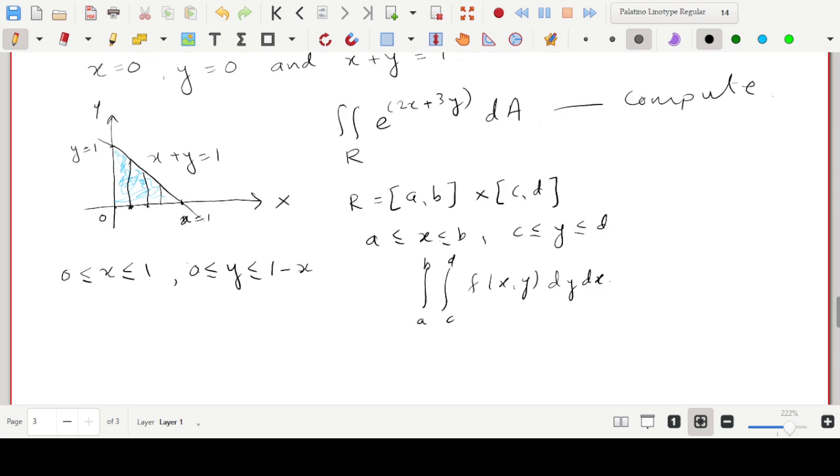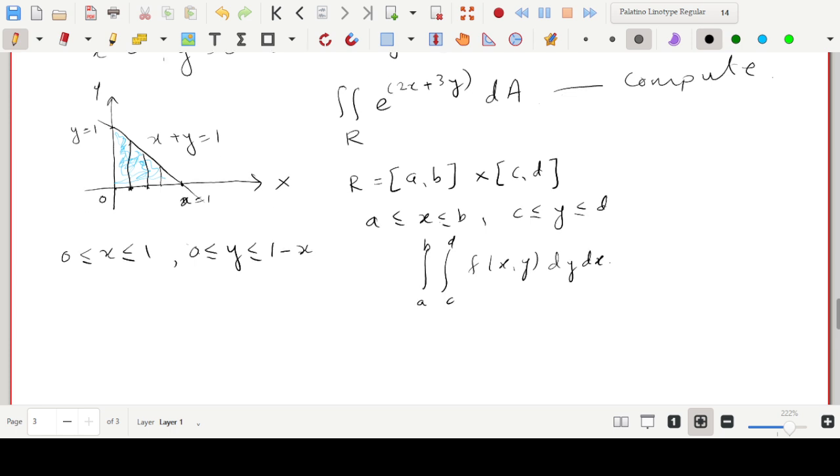When we are dealing with general regions, the most important thing is to set the limits of integration, which can be done by drawing the region, and then seeing for a fixed x between which two values y varies.